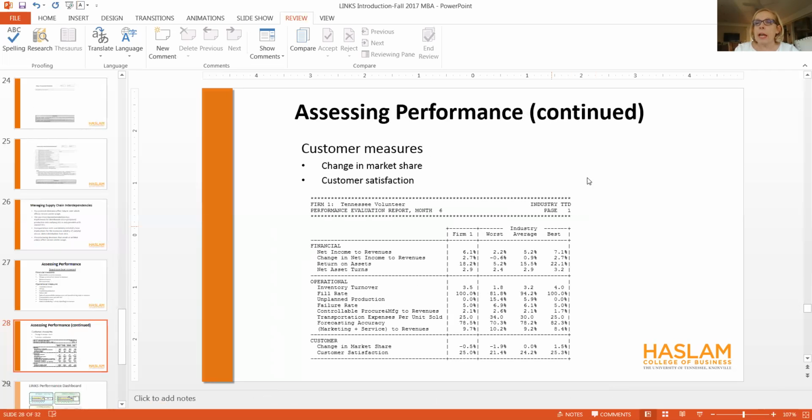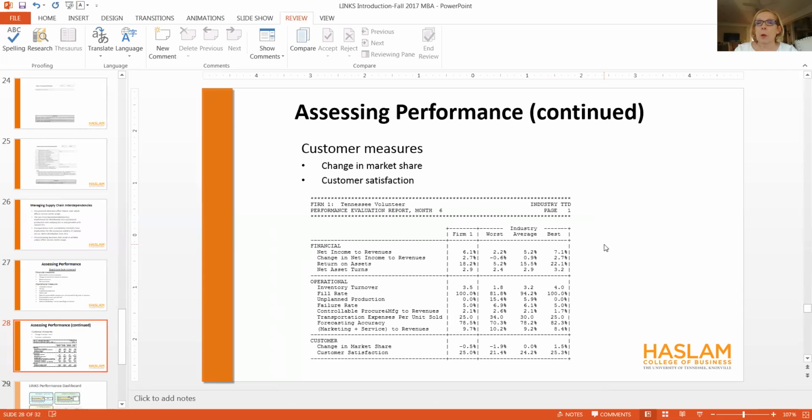Now, each and every time we have a decision round, and it'll run at 9 o'clock, and as I said, about 9:10, 9:15, you'll get an email from the Links simulation that says month, in this case, it'll be month 4 decisions are ready. And you'll have a Word document that you'll be able to access through the Links simulation site.